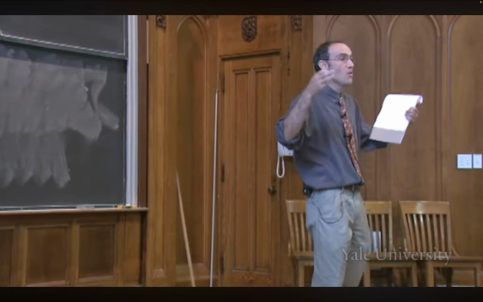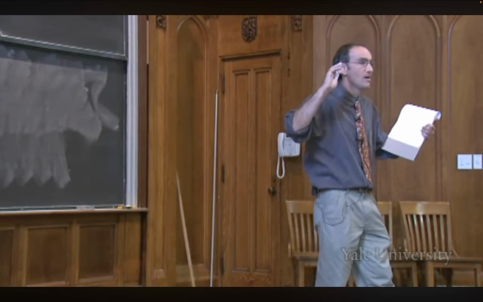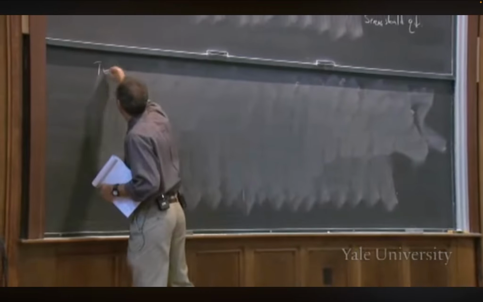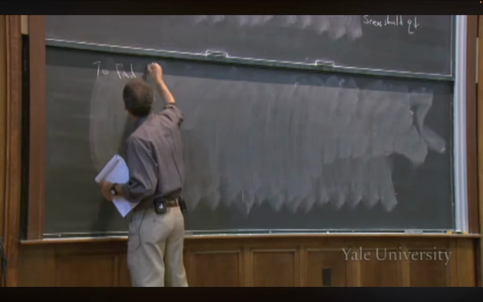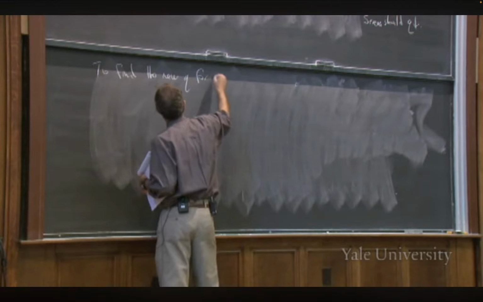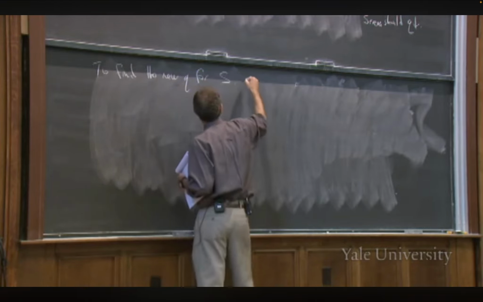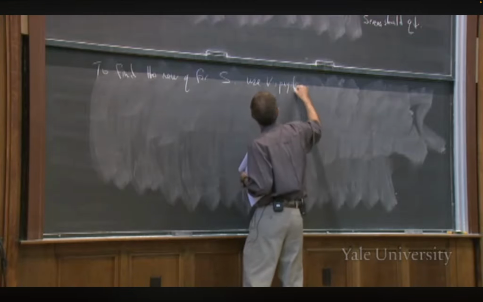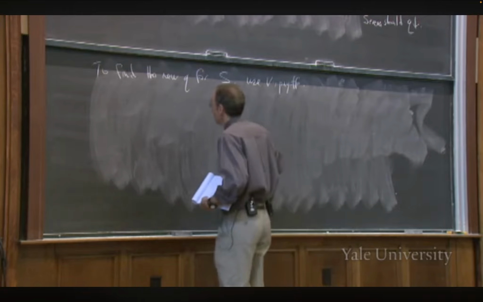Use Venus's payoffs. So to find the new Q for Serena, use Venus's payoffs. And let's do that.